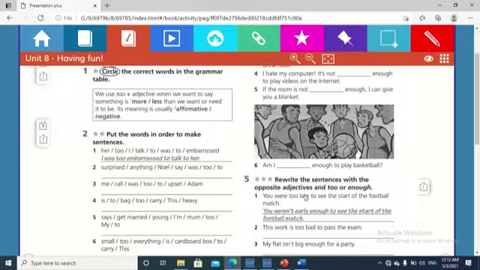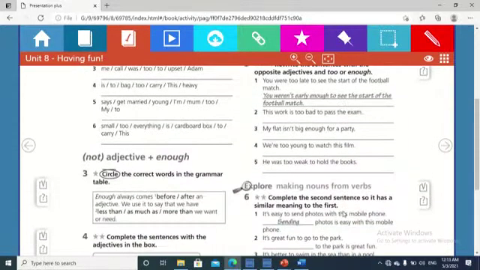If you want to say that we have less than needed, use enough. You weren't early enough to see the start of that football match. You weren't early enough, so you want to be earlier. Okay, so choose too or enough and make sentences.